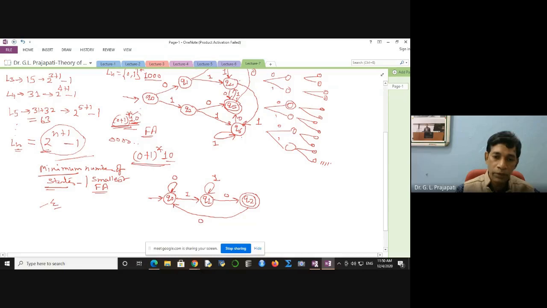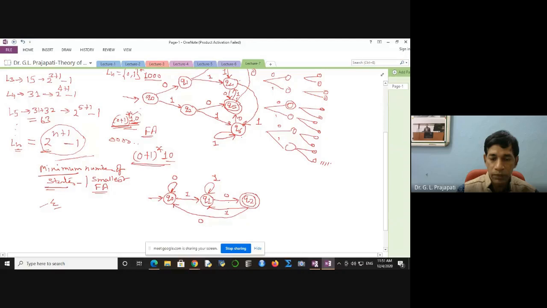And whenever you are at Q0, any number of 0s you further receive, it remains in the same place. Whenever you have 1, you are here. Whenever you have 0, you are here. If you are at Q2 and you have the 1, then the machine should come to the state Q1. So whenever you are at Q2 and input is 1, you should come to Q1, and whenever you have 0, you come to Q2.